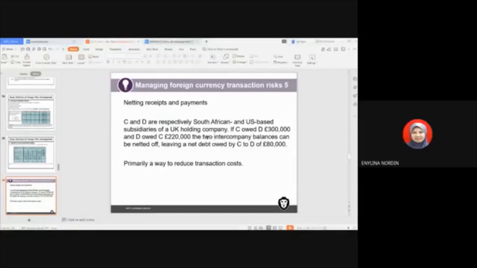The two intercompany balances can be netted off, and it will leave the net debt owed by C of 80,000 pound, because C owes more than D.